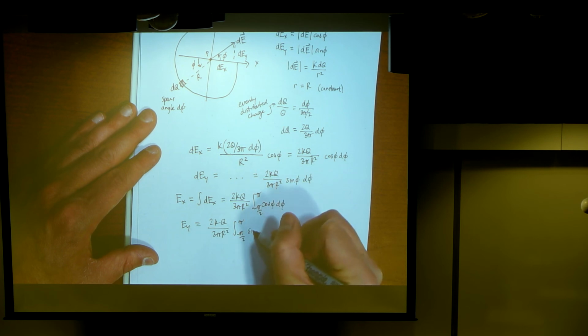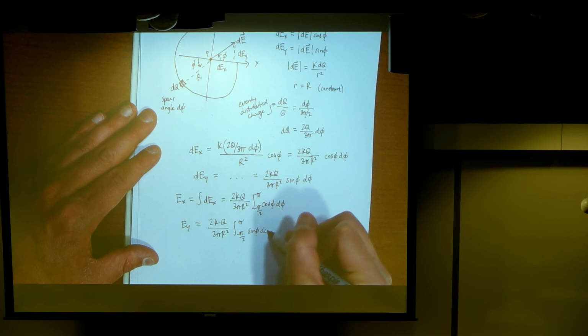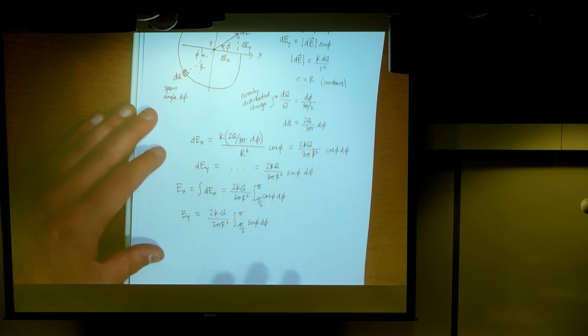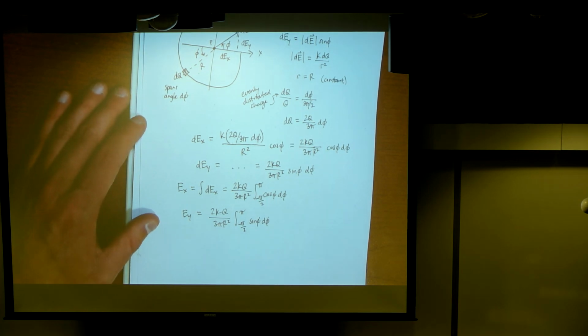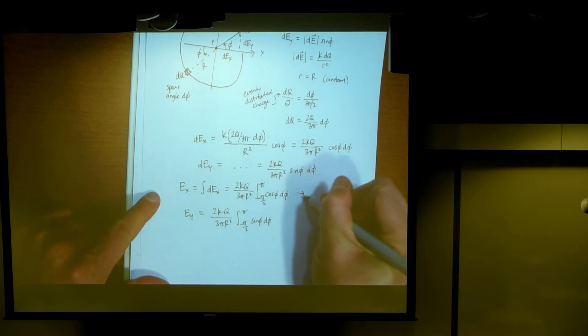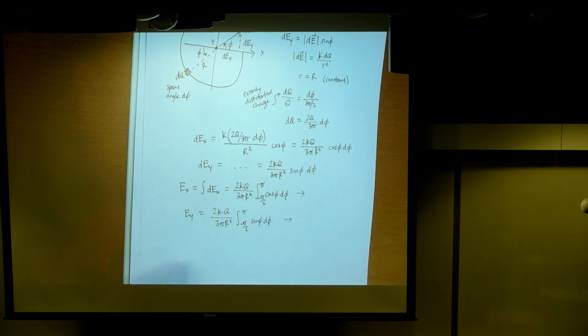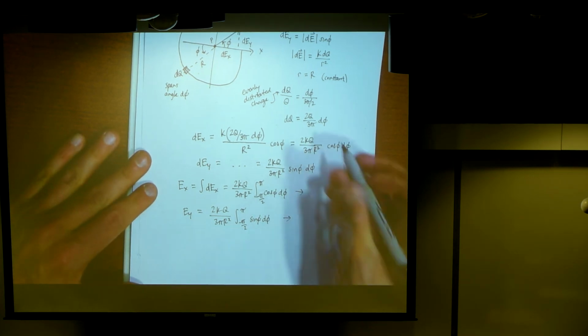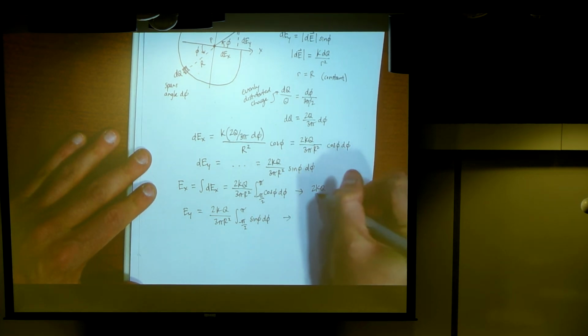And then we have sine of phi d phi. So we're out of time. We don't have time to actually crunch the integrals here, but that's kind of the easy part compared to setting it up, okay? So I'll tell you what the answers are for both. If you compute the integral, here's what you'll get. 2kq divided by 3 pi R squared.